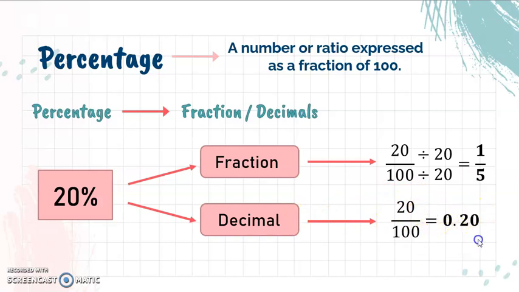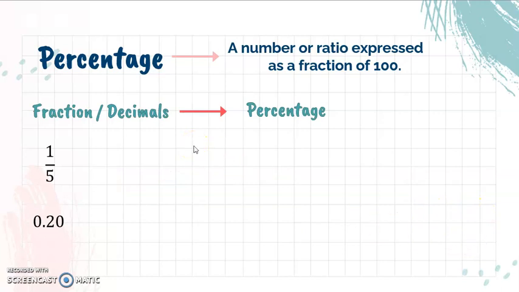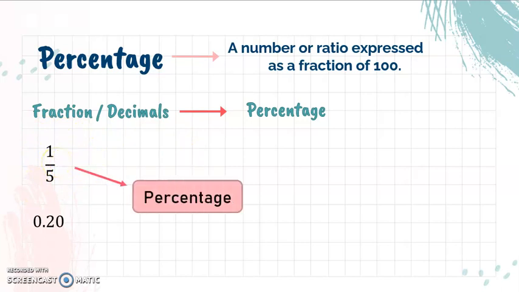Okay? So next, since we know how to convert percentage to a fraction or decimal, how do we convert fraction or decimal back into percentage? Let's try this example. We have 1 out of 5. How do we change it to percentage?